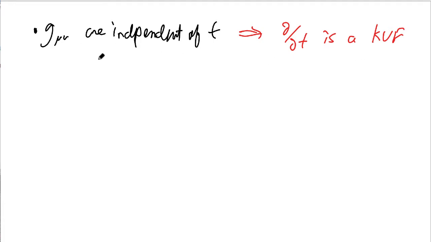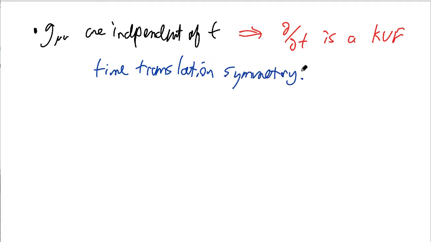So this geometry has a time translation symmetry. We also refer to this as a static spacetime.